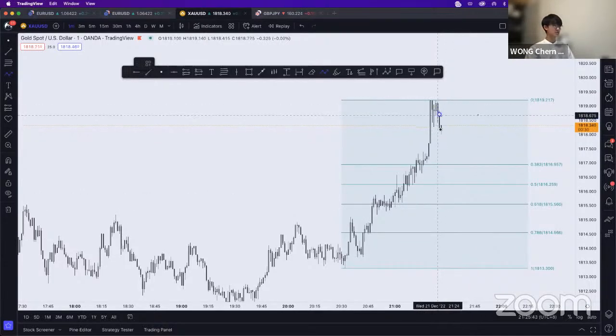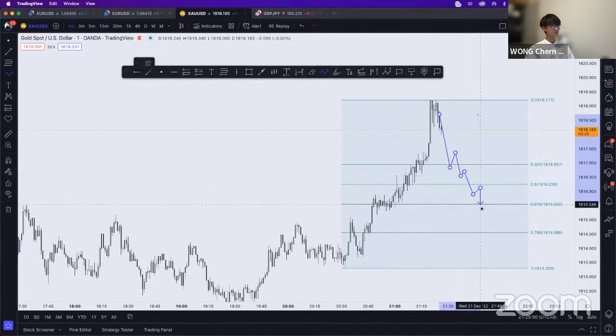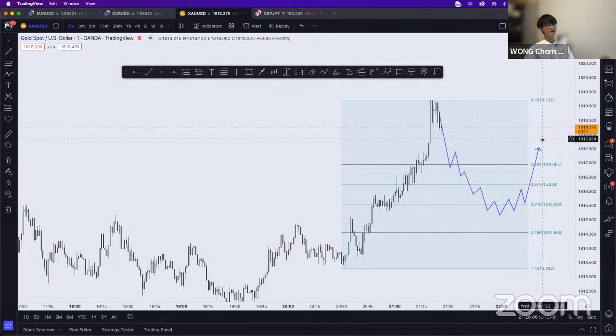So perhaps I could see some kind of movement down, tapping into the 0.38 first. Then it comes down to the 0.618, where I would like to see a shift in market structure on the 1-minute time frame. What I mean by a shift is that I would like to see a nice break of structure, a nice double break of structure, and price continuing to head up.